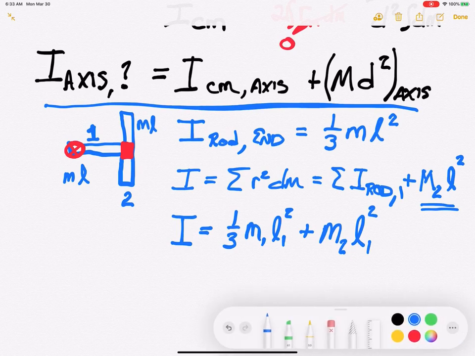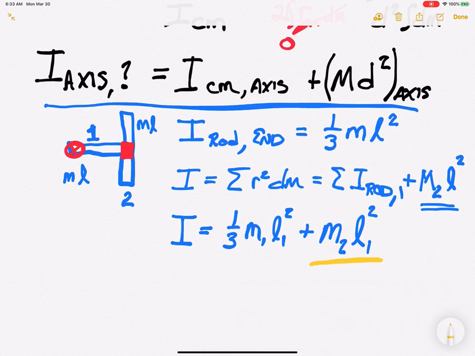Why am I treating a rotating rod as just a point mass? Because this second rod is not rotating in and of itself.